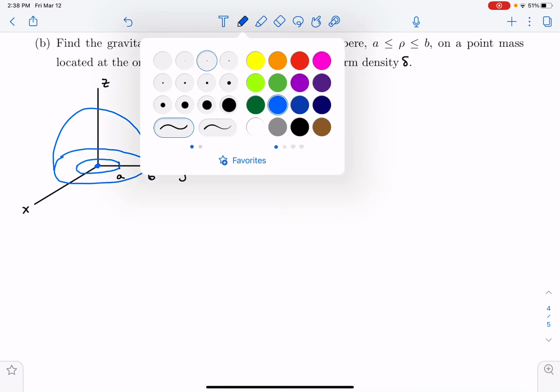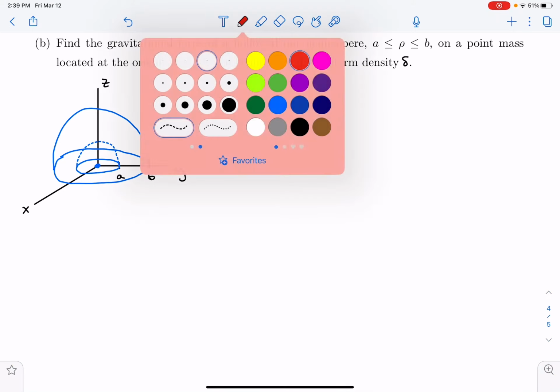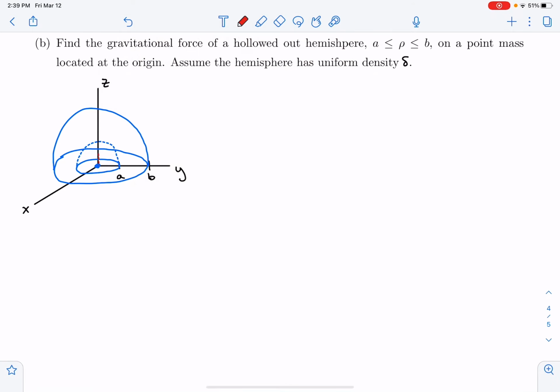Imagine we're not showing it, but this hemisphere of radius A has been hollowed out from the hemisphere of radius B. We're expecting our point mass to travel up this way.